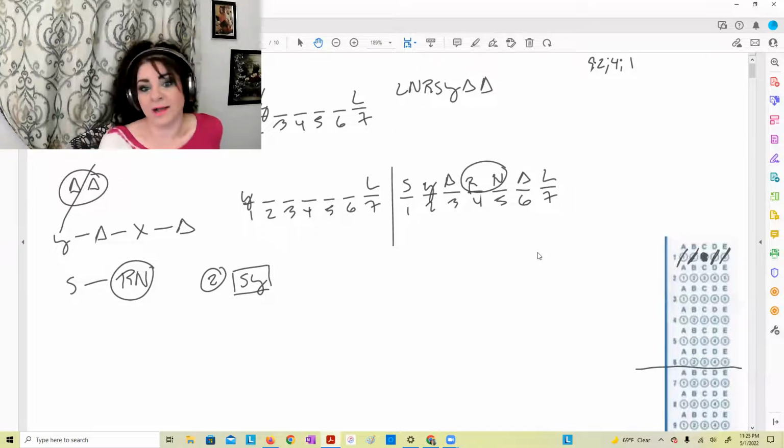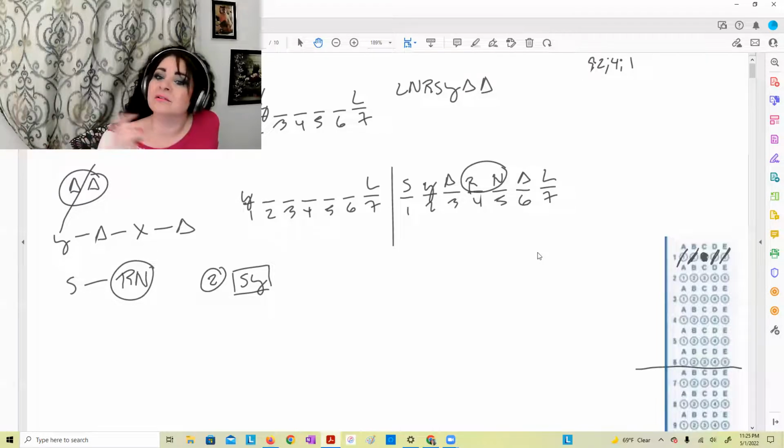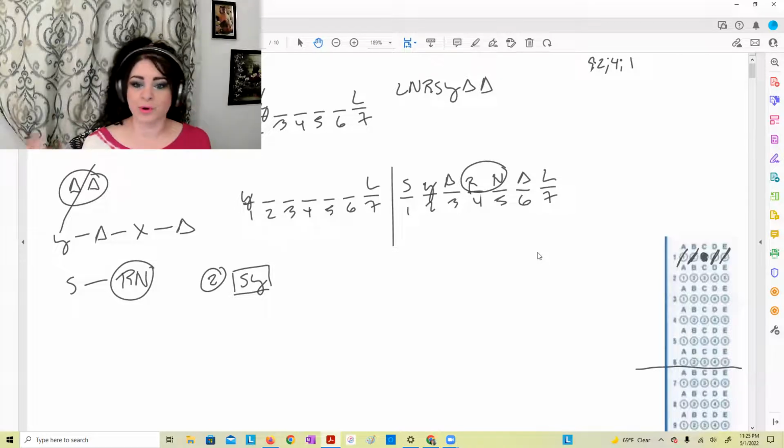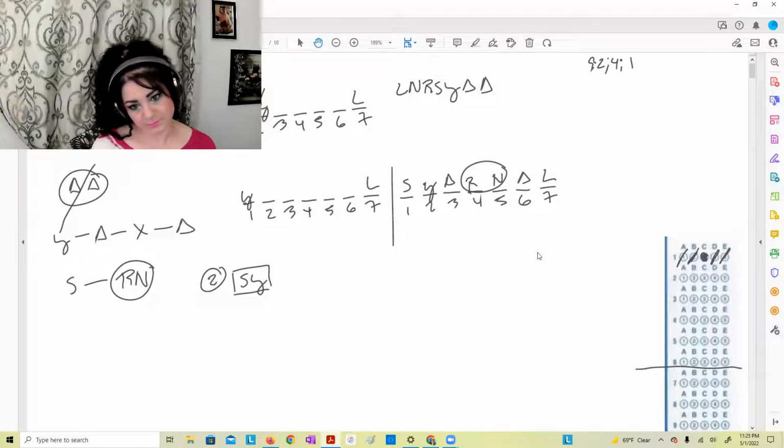Things like S is in 1, Y is in 2. There's a break for the 3rd spot. There's a break for the 6th spot. Things like that must be true. And you could also have things like Y is before R, something like that. But let's look through the answer choices. There we go. Correct answer is D.